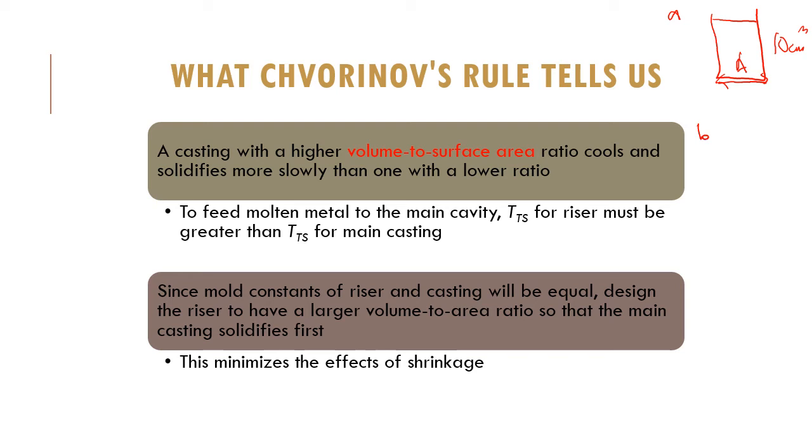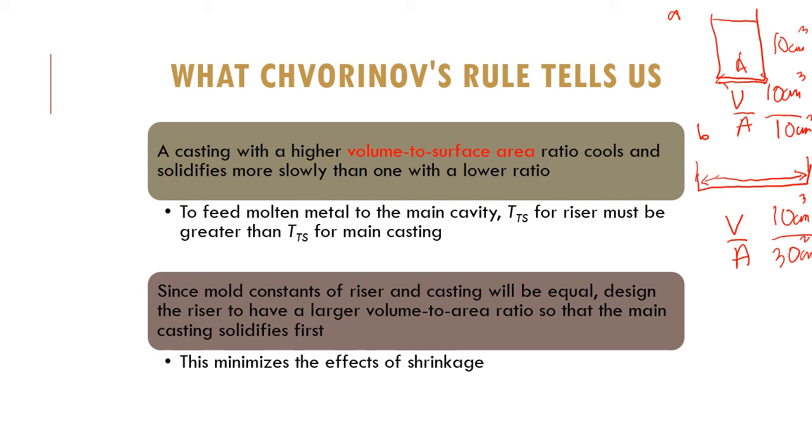B is like this, so its cross-sectional area is big, and the volume is still the same. So V over A for this one and for that one will be different. Say this one is 10 cm cubed over A of 10 cm squared, but for B it is 10 cm cubed over, say, 30 cm squared. So V over A is equal to 1 for this one.